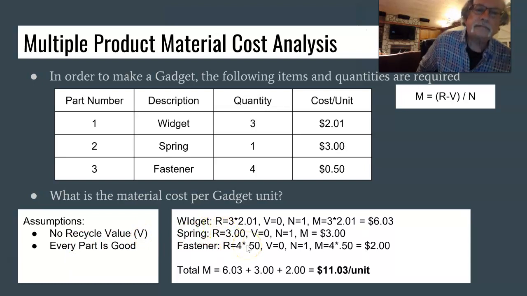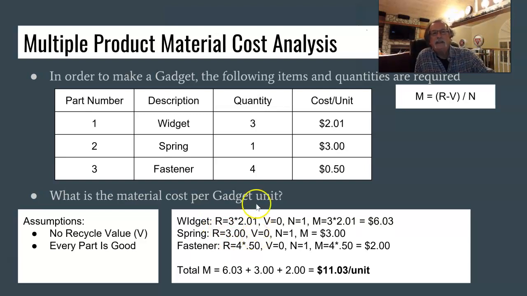So each widget costs $2 and a penny. There's three of them per gadget, $6.03. Each spring costs $3. There's 1 per gadget. That costs $3. Each fastener costs 50 cents. There's 4 per gadget, $2. You add these 3 components up, you get $11.03 per unit. That's if there's no recycle value and every part is good.